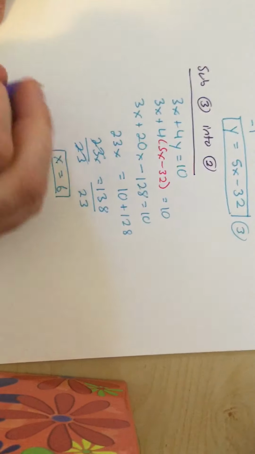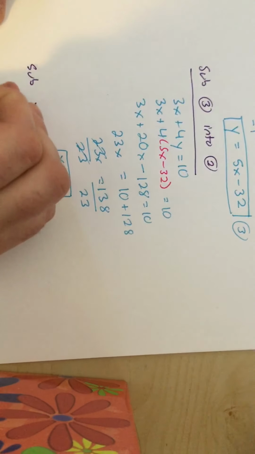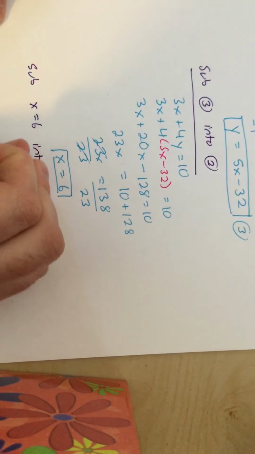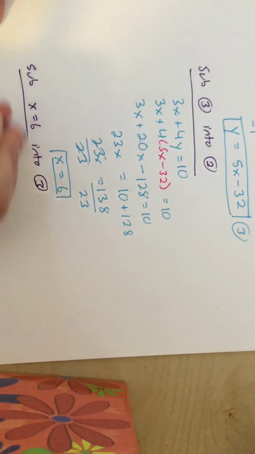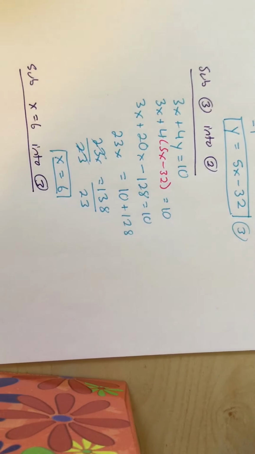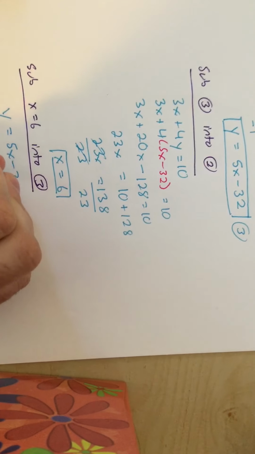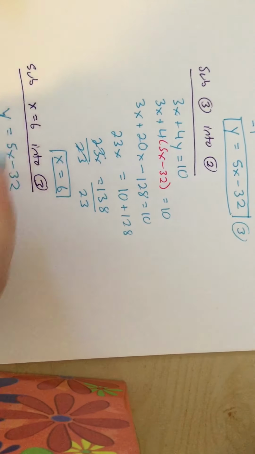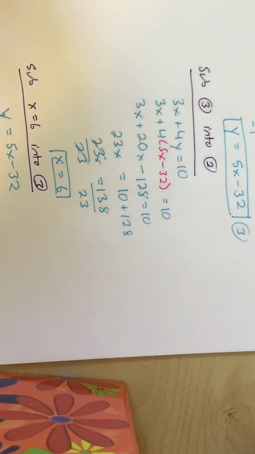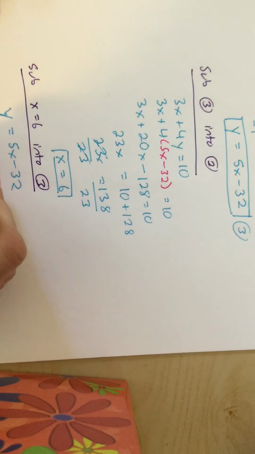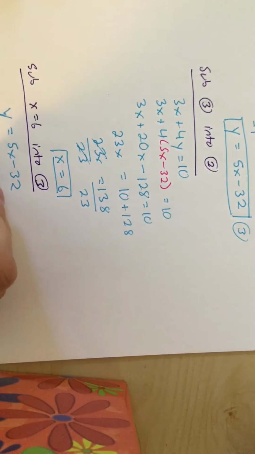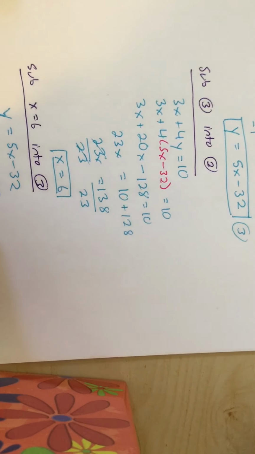So, then we're back to our usual stuff. Sub x equals 6 into equation 3. Equation 3 is y equals 5x minus 32. And y equals 5 times 6 minus 32. y equals 30 minus 32.